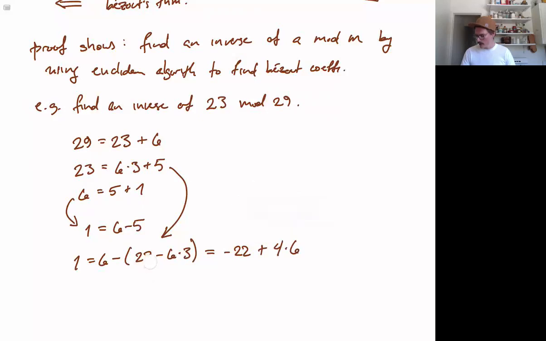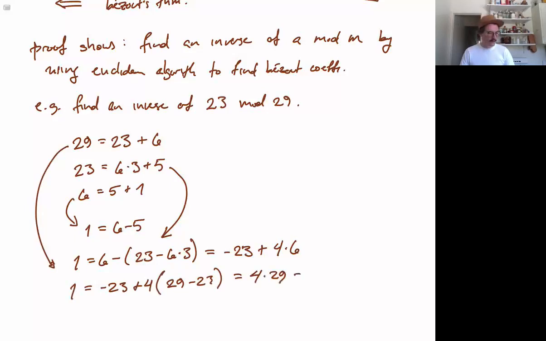I've written 22 when I meant 23, thank you. And then rewriting this one to replace the 6, we get 1 equals negative 23 plus 4 times (29 minus 23). And that is equal to 4 times 29 minus 5 times 23.